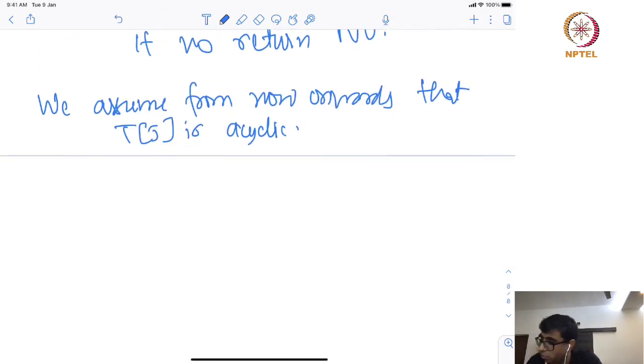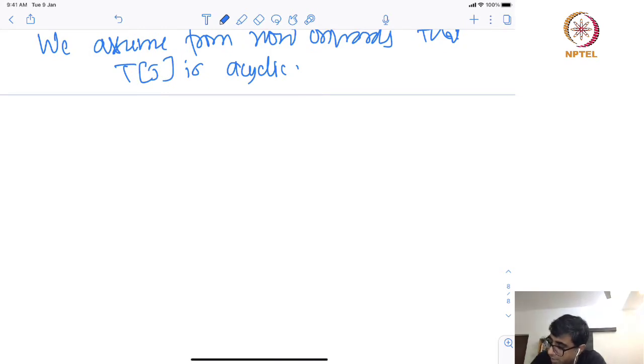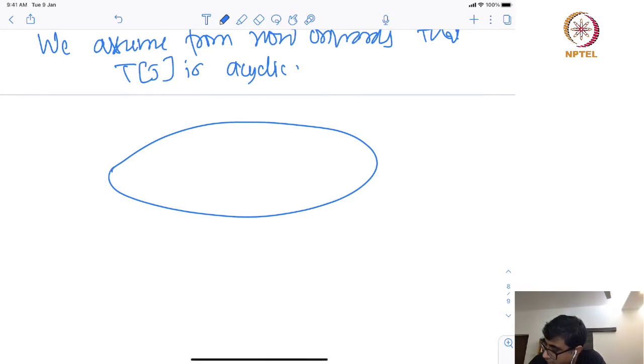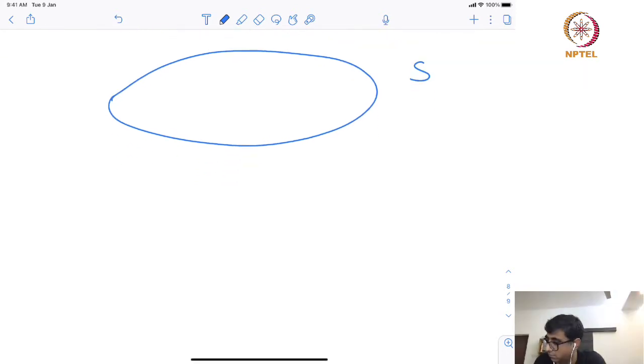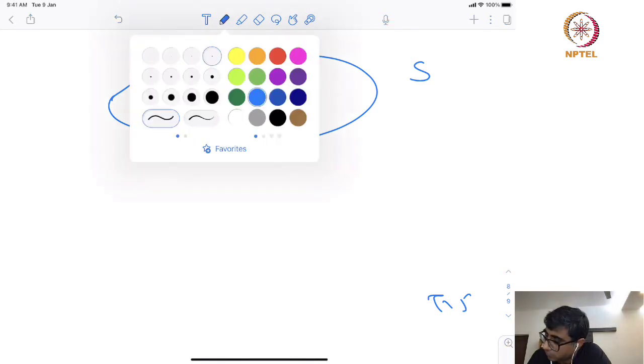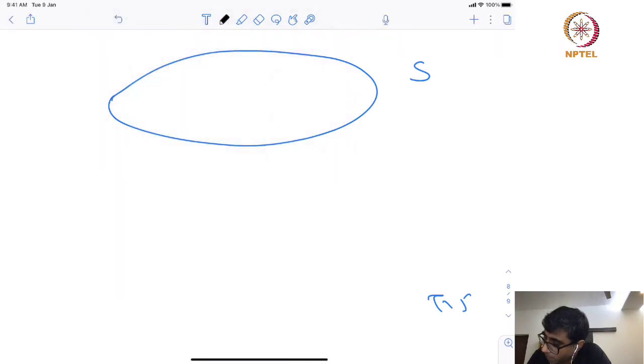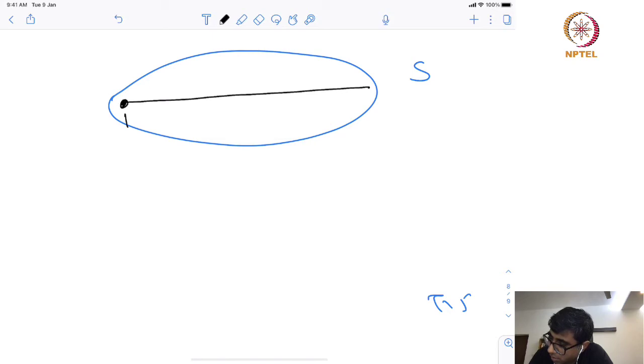Then what do we know? Here is my S and here is my T minus S. We know that S is acyclic, which means it has a unique topological order. Let us fix that topological order, and write these vertices 1, 2, 3, up to k plus 1.